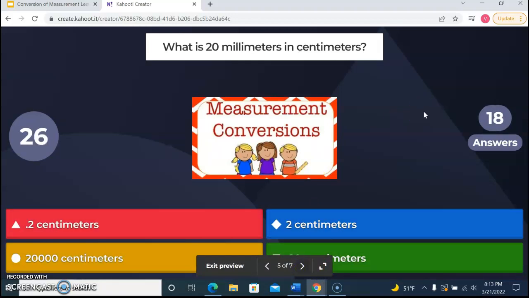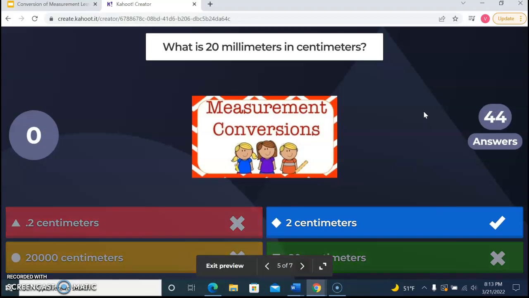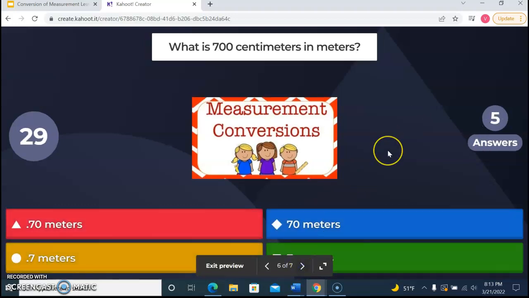Question number 5. What is 20 millimeters in centimeters? So yeah, it would be 2 centimeters because we divide 20 millimeters by 10, which would give us 2 centimeters. Number 6. What is 700 centimeters in meters?